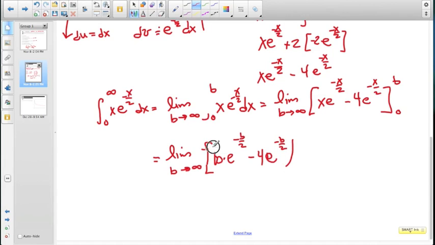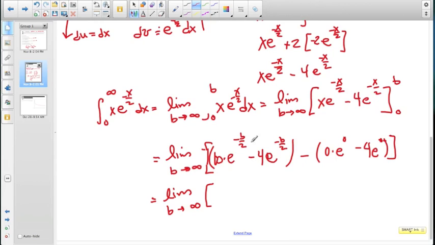That's the upper limit. And then the lower limit is 0 times e to the 0 minus 4 times e to the 0. And you always want to be sure when you're dealing with Euler's number, even if the lower limit is 0, to plug that in, because e to the 0 is 1. So in this case, this portion of that lower limit doesn't drop out. So you can't just eliminate or ignore that lower limit when it's 0.